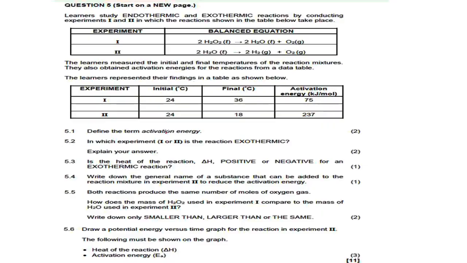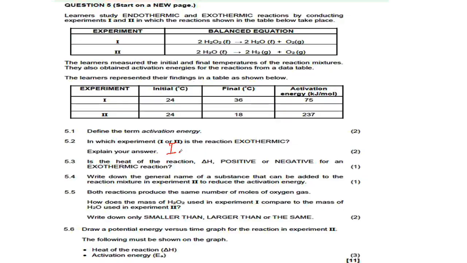Now, define the term activation energy. Again, we know what that is. So we say this is the minimum energy required to start a chemical reaction. Then they say in which experiment 1 or 2 is the reaction exothermic. Now we know it is in experiment 1. Why is it so?